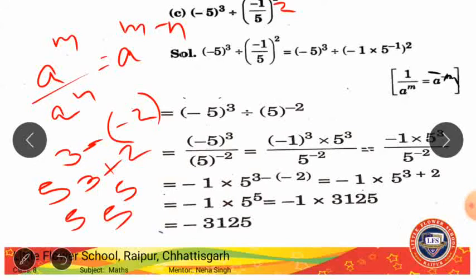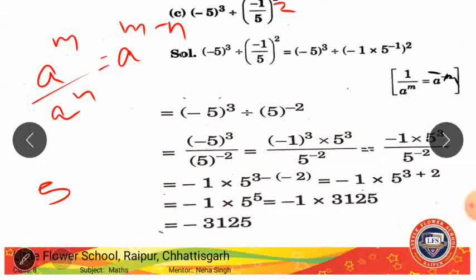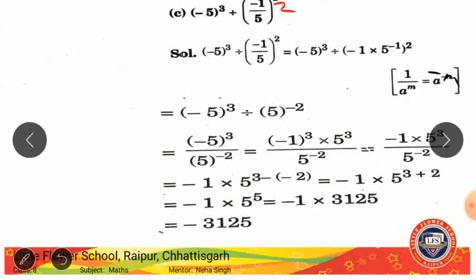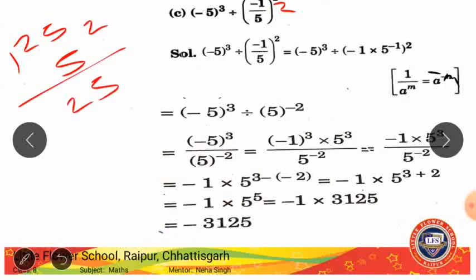Means 5 will be multiplied 5 times, right? So 5 into 5 is 25. 25 into 5 is 125. 125 into 5: 5 5s are 25, 2 carried, 5 2s are 10 and 2, 12, 1 carried, 5 1s are 5 and 6.